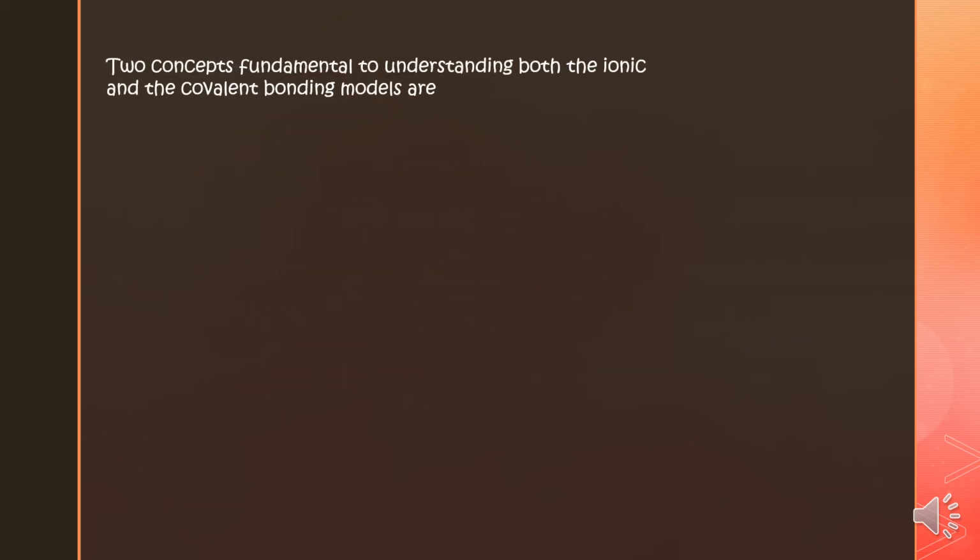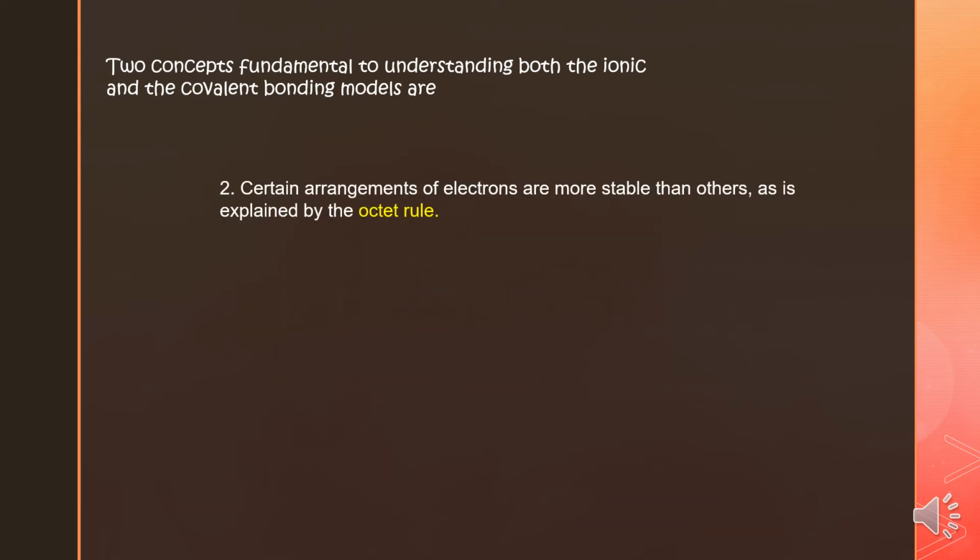Okay, the second important concept is that there are certain arrangements of electrons that are more stable than others, as is explained by the octet rule. In fact, scientists have developed a shorthand system for designating the number of valence electrons present in atoms of an element, and this system involves the use of Lewis symbols.